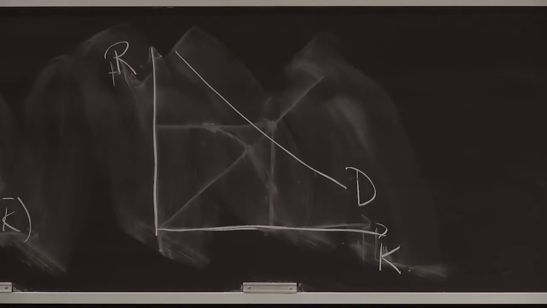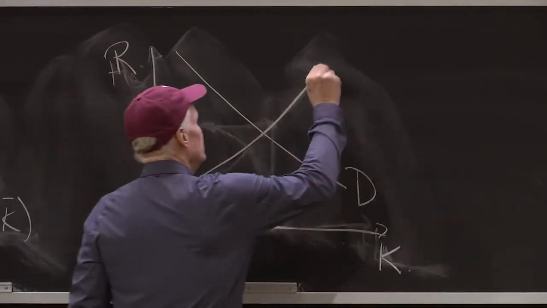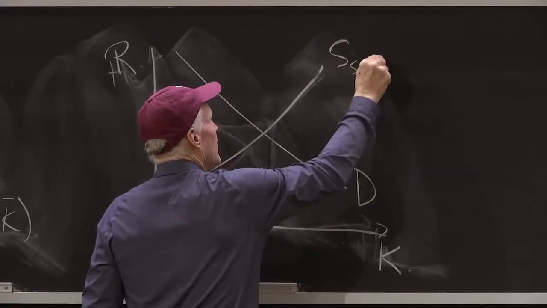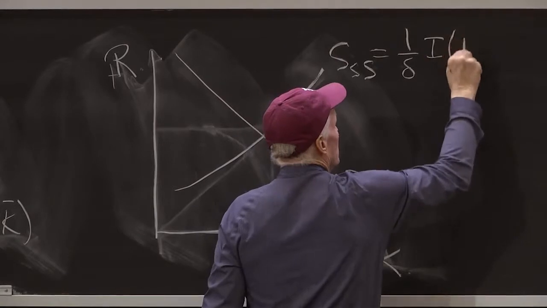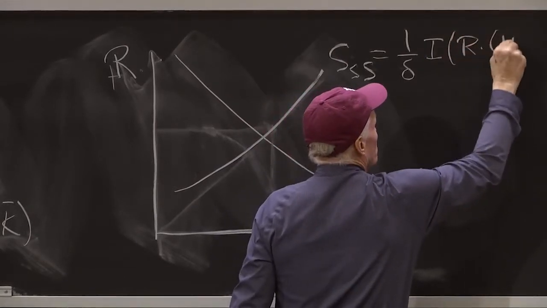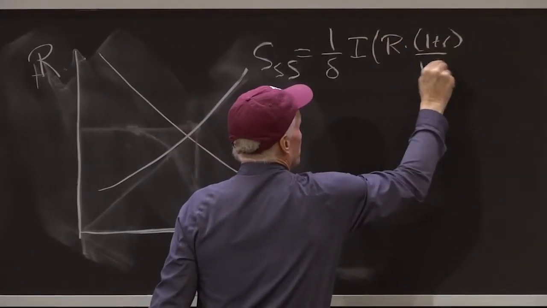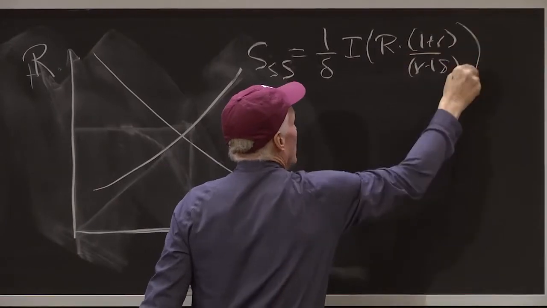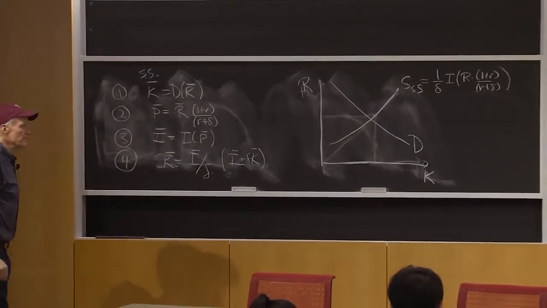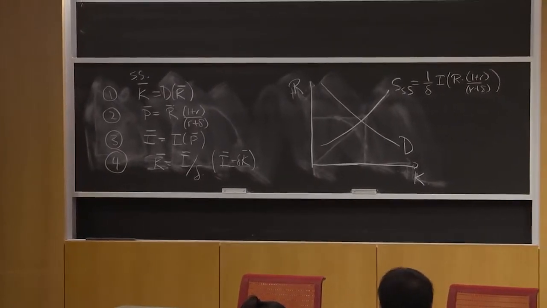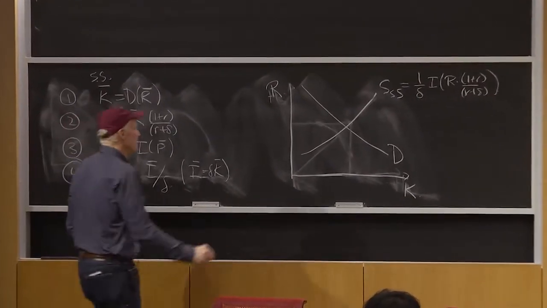And then you can combine these three equations together by plugging this into here, you get what I'll call a steady state supply, which is just 1 over delta I of R times 1 plus R over R plus delta. So that's the picture. Okay? And that determines my steady state.